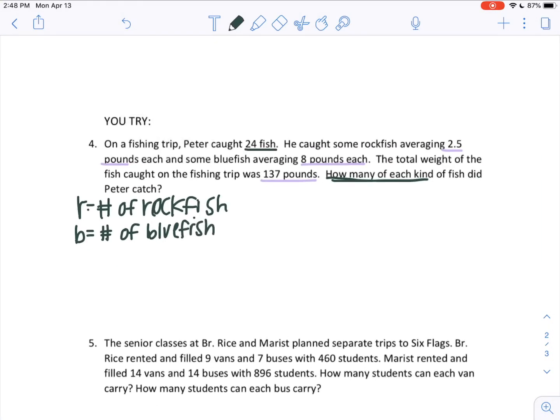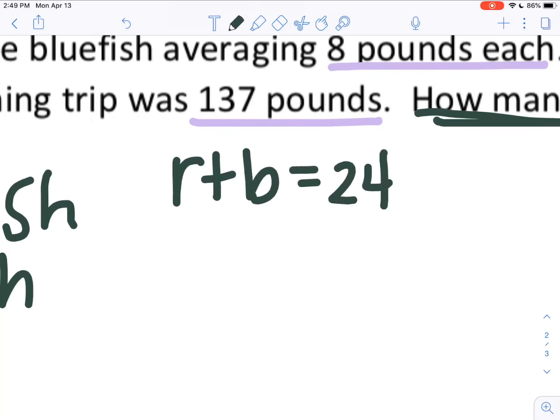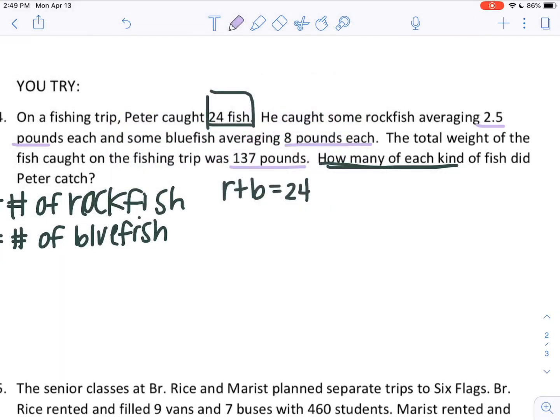Okay, and so they're telling me that there's 24 fish total. Well, wouldn't you add the number of rockfish plus the number of bluefish, and it's going to give you your total number of fish. So I'm just going to make that R plus B equals 24. Okay, notice that I highlighted things in light purple because they're all talking about pounds.